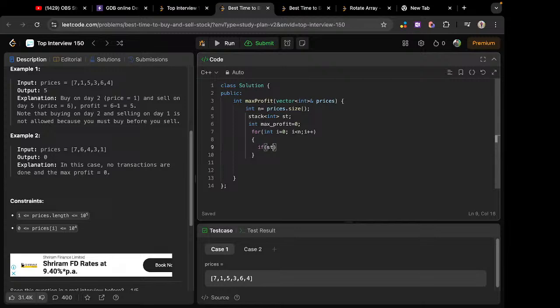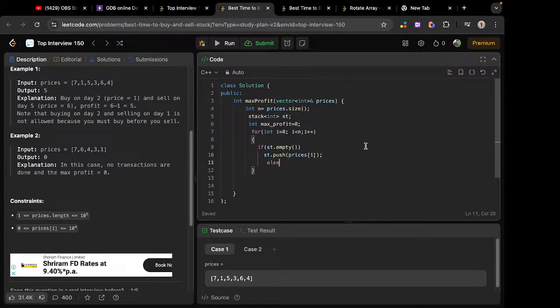If the stack is empty, then definitely I have to first add the element into the stack: st.push(prices[i]).